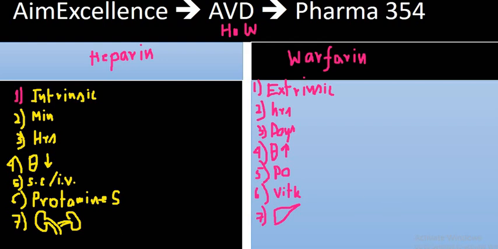Now, a few important points we should remember about why we are a little concerned about using warfarin, particularly in pregnant women, due to the Conradi syndrome. What happens in this syndrome?